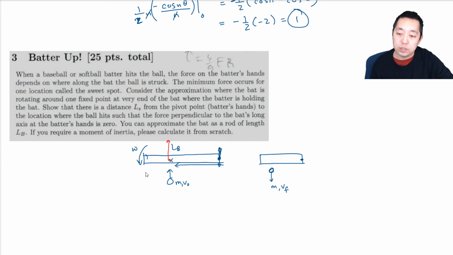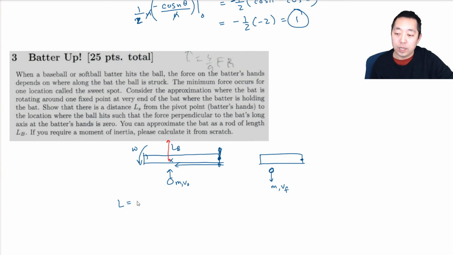Okay, let's establish some of these parameters. The angular momentum before is, since this is a point of reference, this is going to be positive angular acceleration, and that one's going to be negative.